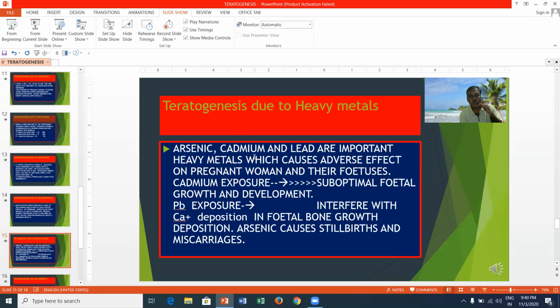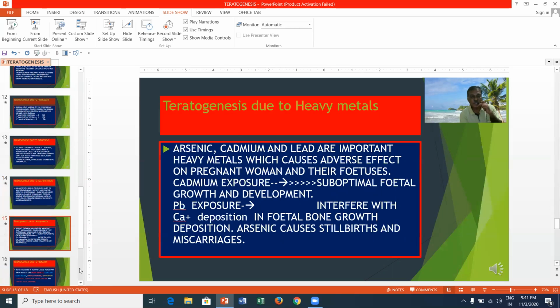Arsenic, cadmium, and lead are potential heavy metals which cause adverse effects on pregnant women, and their fetuses are drastically affected. Cadmium exposure causes suboptimal fetal growth and development. Lead exposure interferes with calcium deposition in fetal bone growth. Deposition of arsenic causes stillbirths and miscarriages.